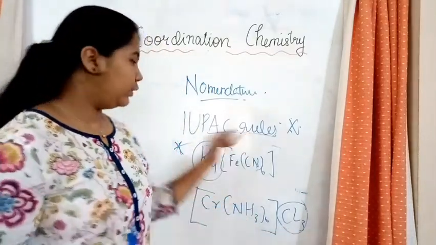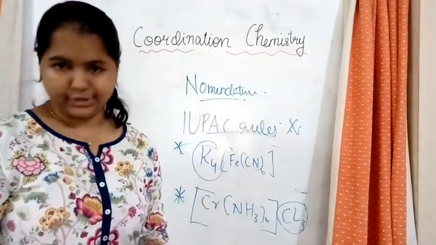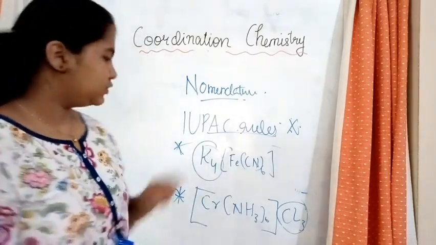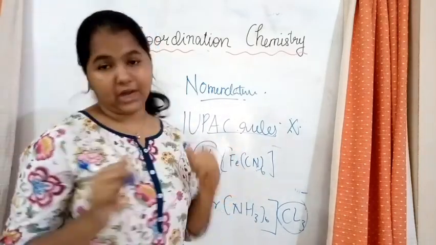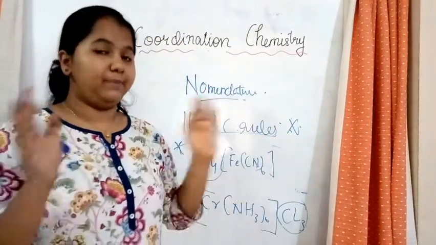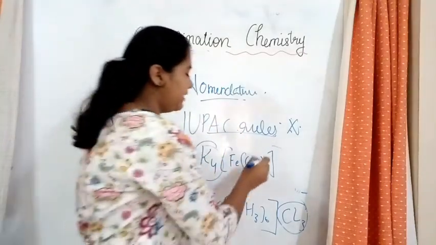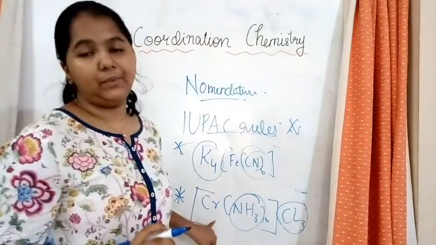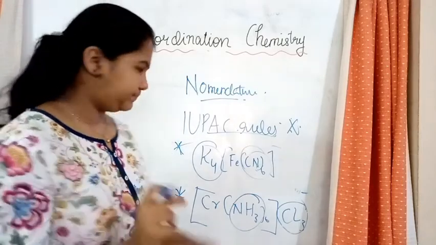So now you can see a difference that comes in this. Now we've talked about the counter ion. Next we have to learn about the coordination entity. If our ligand is negative, then how will you write this, Fe(CN)6? Whether it is positive or negative, whenever you write the coordination entity, you will mention the ligand first and then the central metal atom.